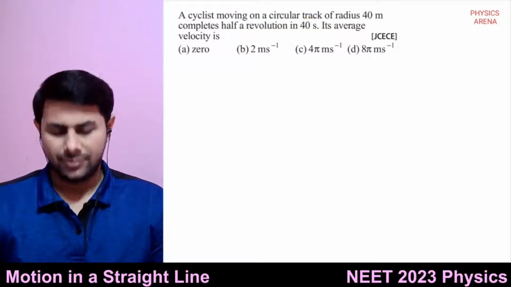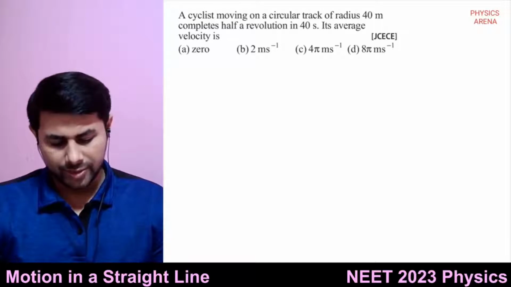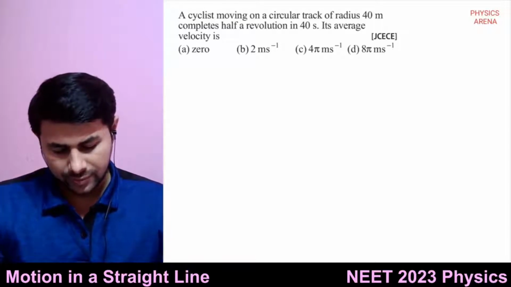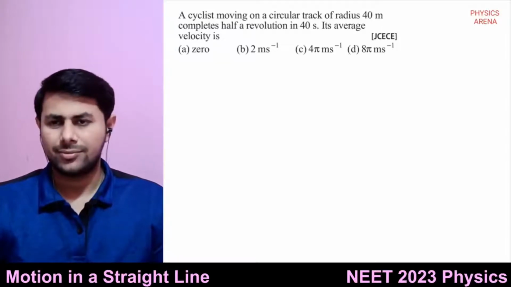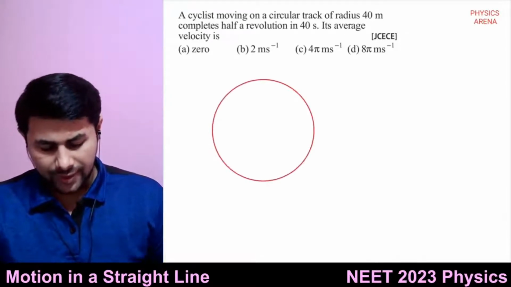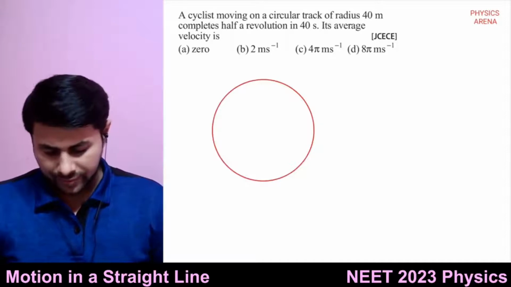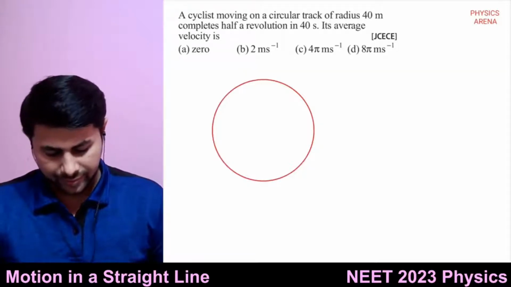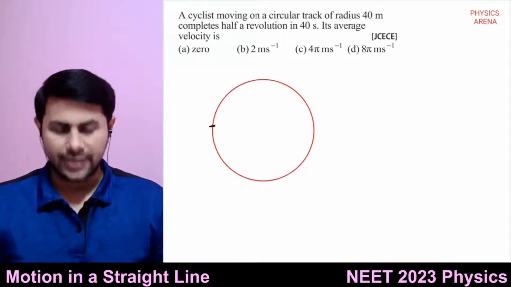2 meters per second. Right. Others? See, this cyclist is moving on a circle. Let's say cyclist starts from this point.